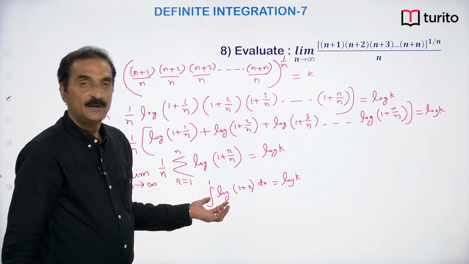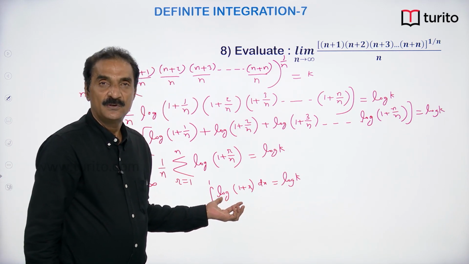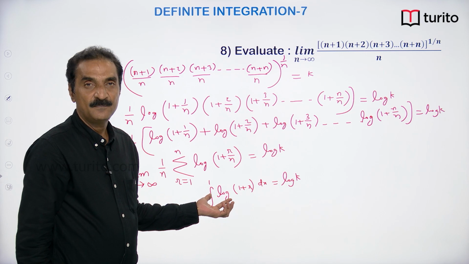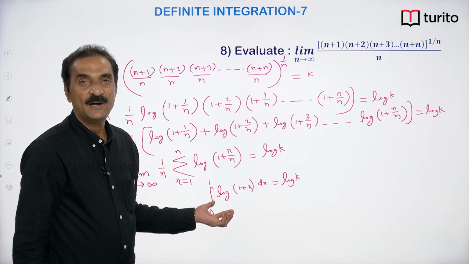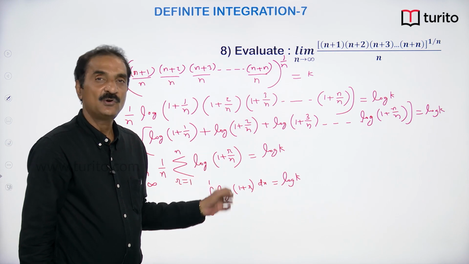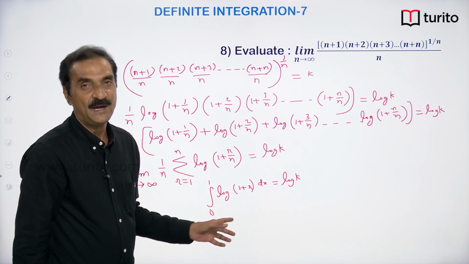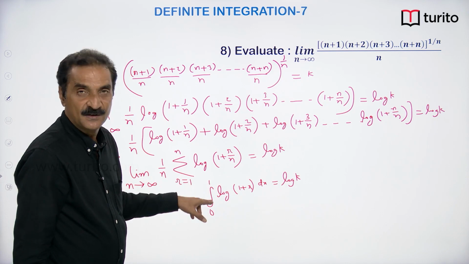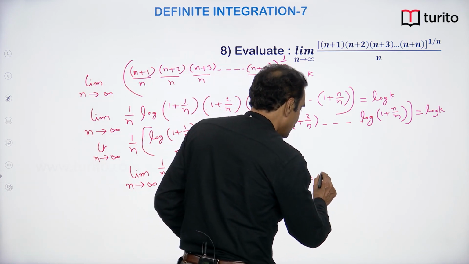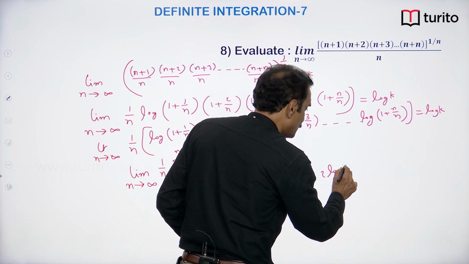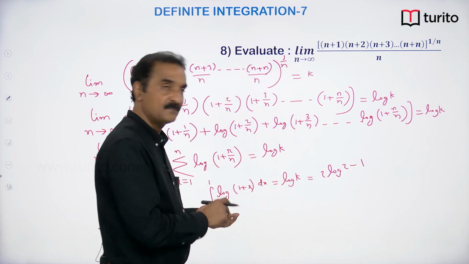Now integrating by parts, you can calculate the value of this integral, okay. Then you will get the value of log k. From the value of log k, you calculate the value of k. If you integrate by parts and substitute the limits, you will get 2 log 2 minus 1.